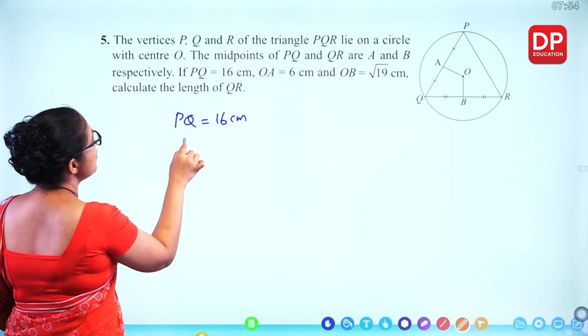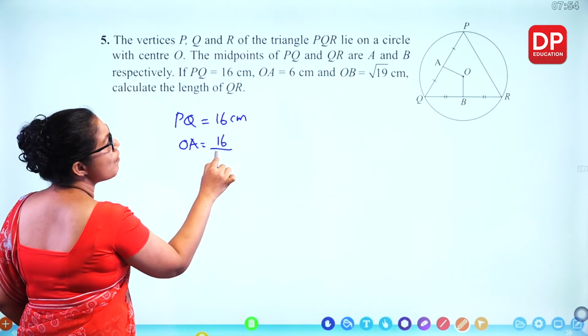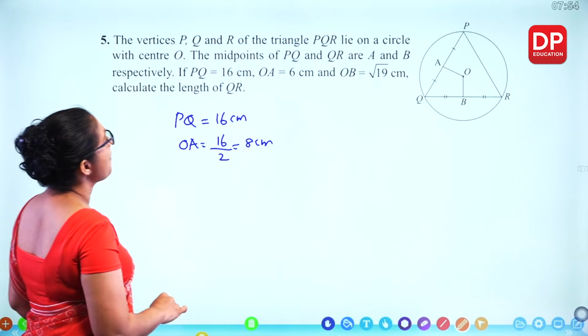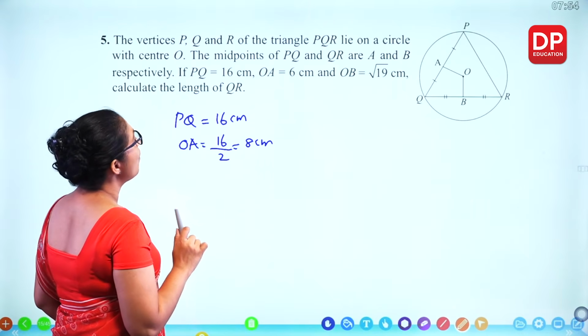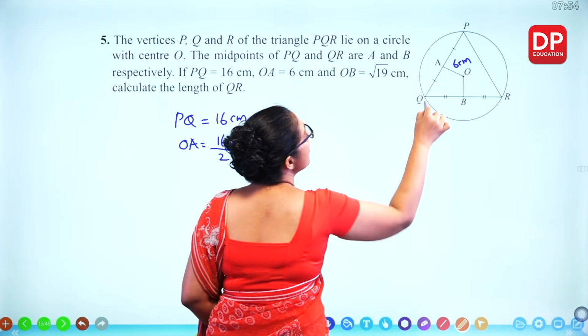So straight away you can write AQ is half of 16. That's 8 centimeters. OA is given 6 centimeters. So this is 6 centimeters and this is AQ.